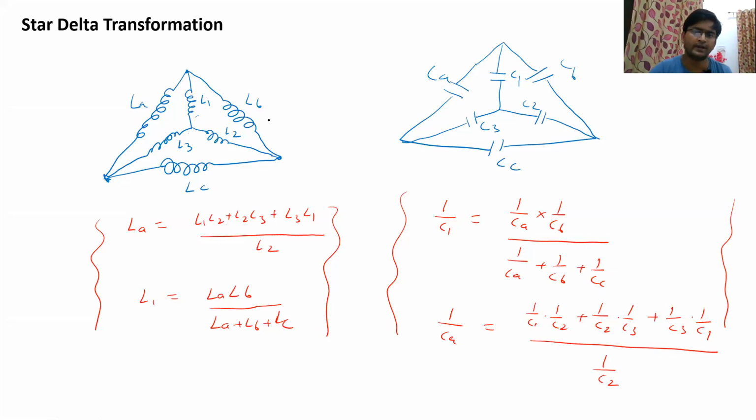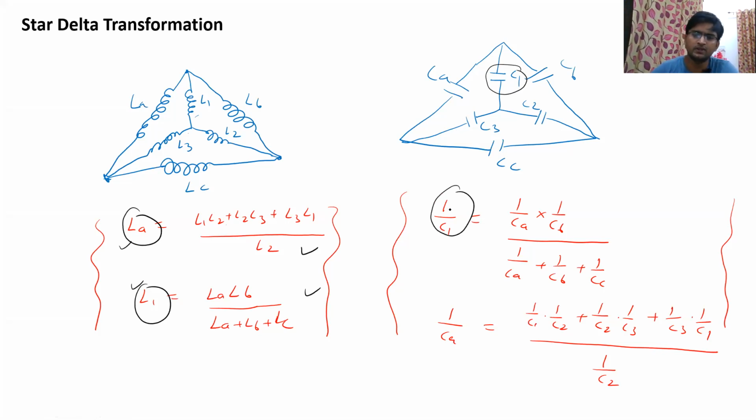Now similarly for the inductor and capacitor cases, the star delta transformation for the inductor case will be exactly similar to the resistance. I'm just writing the formula for one of the resistances for star to delta and delta to star transformation. In the capacitor case, the things will just be opposite. Like if you want to calculate the star value of C1, then you have to take the reciprocal.